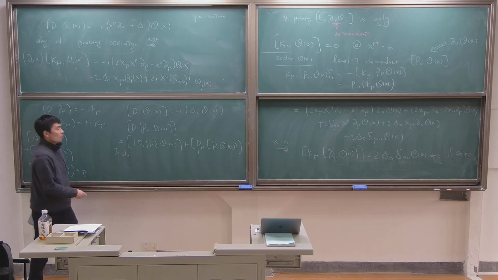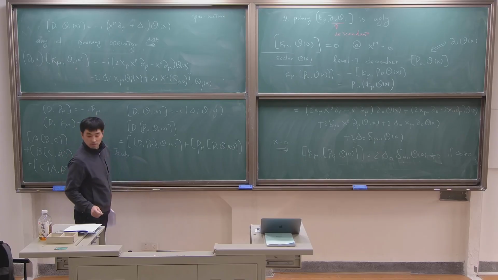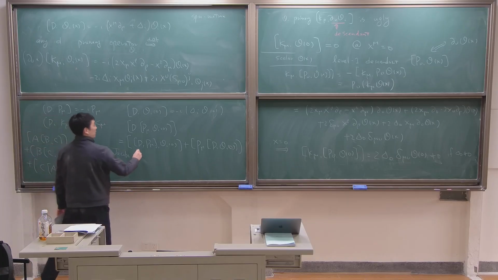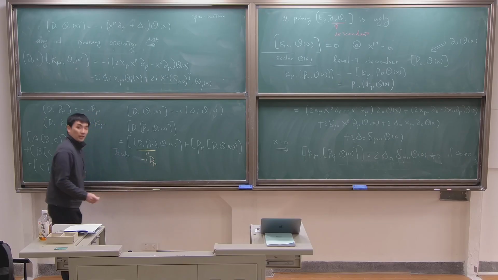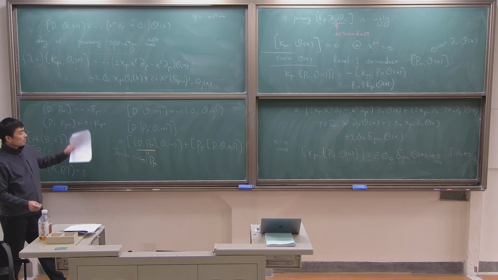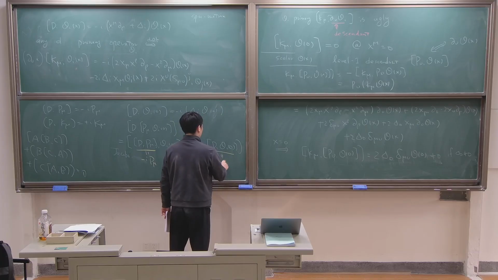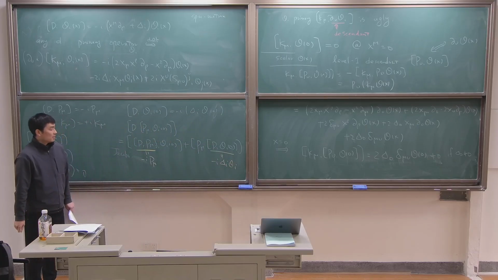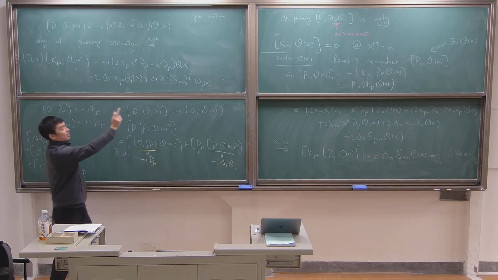And now we know this one is equal to minus I P mu, right? And we know this guy is equal to minus I delta I O I. And P mu acts on O I this way.